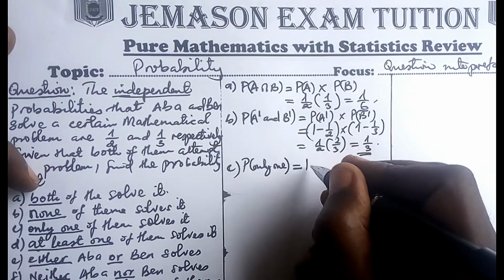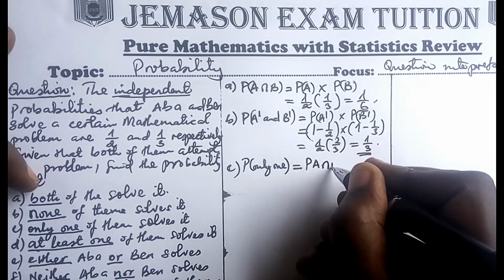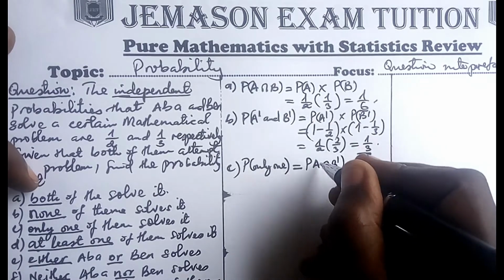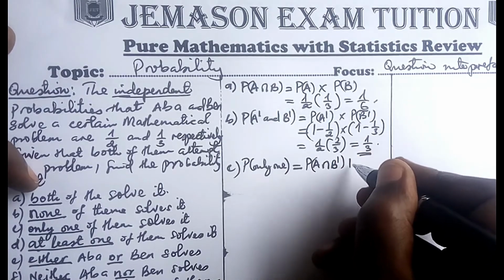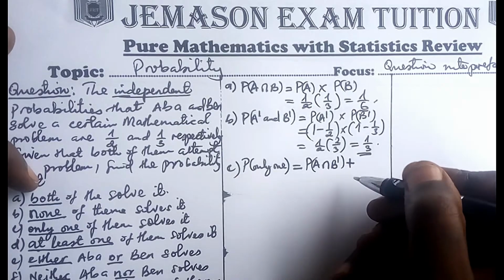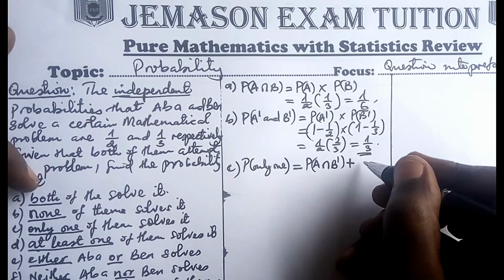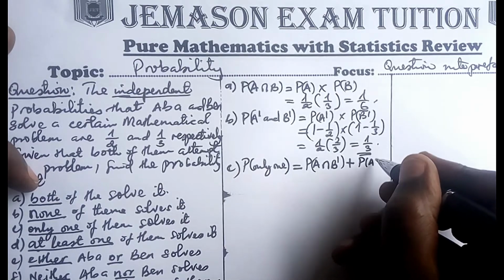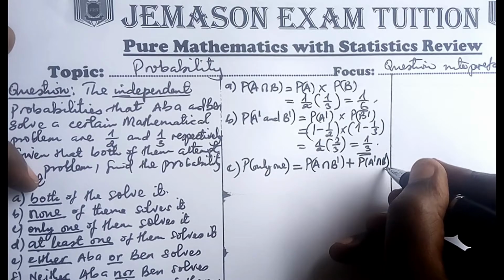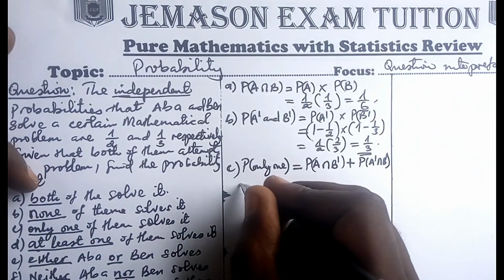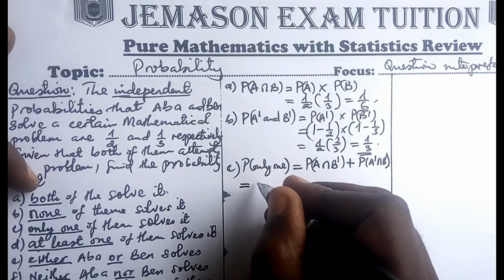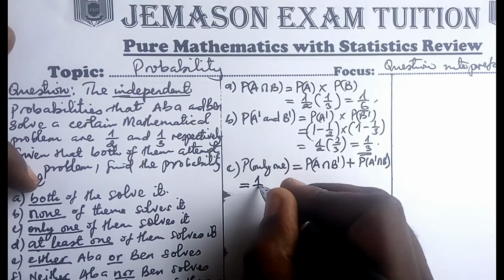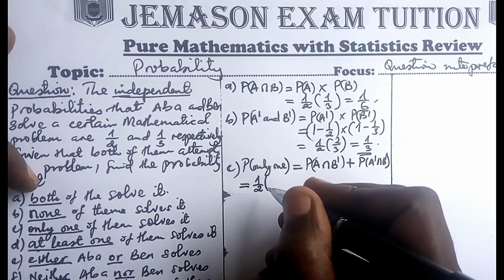It is either Abba will succeed and Ben will not, or, so we add the options because of the or, the case where Abba will not succeed and then Ben will succeed. So this gives us P of A is half into P of B prime.